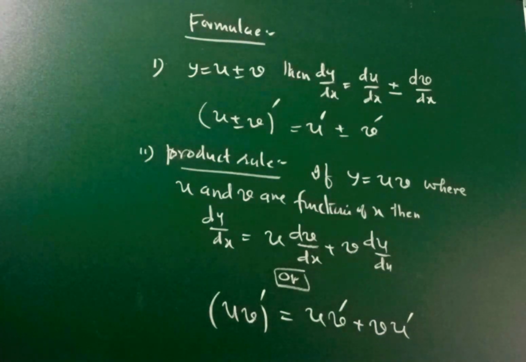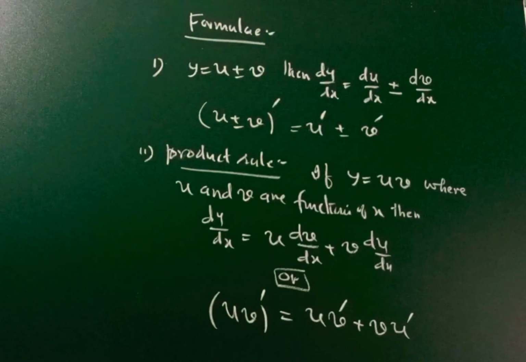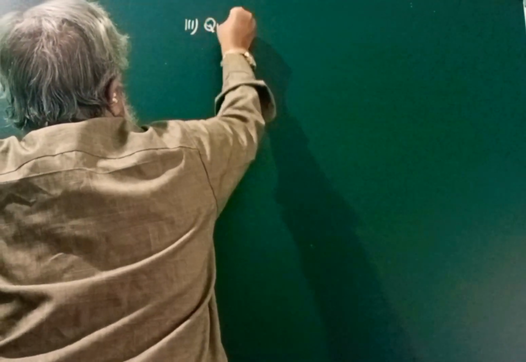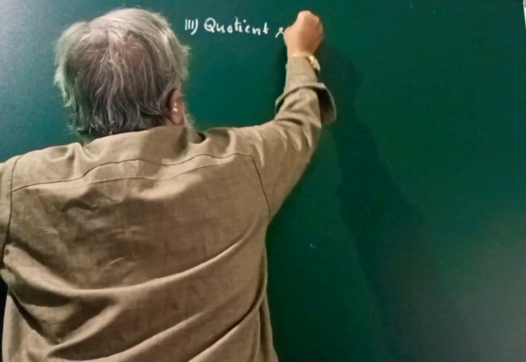Now one more rule we have, that is called the quotient rule.